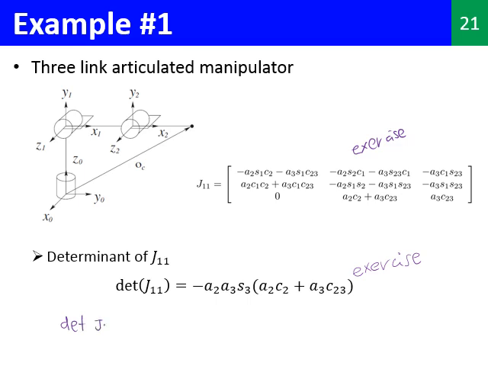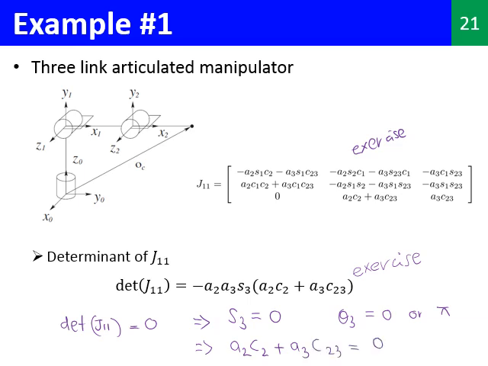That happens when either S3 equals 0, that is sine theta 3 equals 0, so from this we get theta 3 equals 0 or pi, and the next case is when the second term, that is A2 C2 plus A3 C23, equals 0.